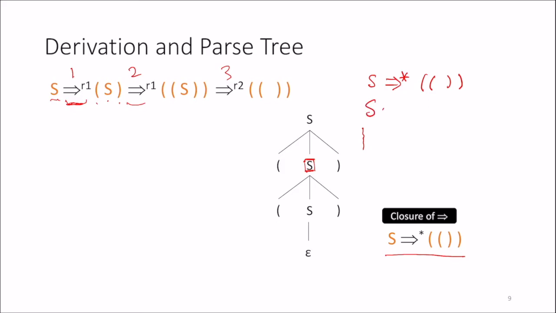So in fact, this is also a true statement where I have S in 0 or more steps can get to here, and then I can apply R2 and then replace it with the empty string. So I could use the closure of the derivation with the star. S in 0 or more steps can get to a string.